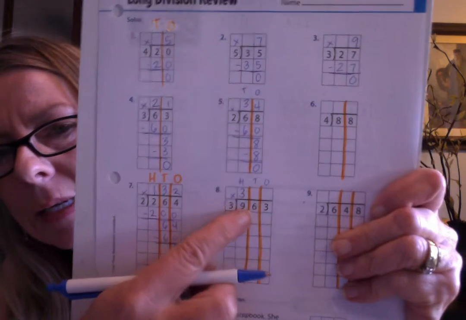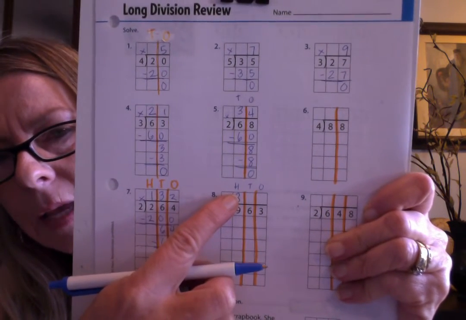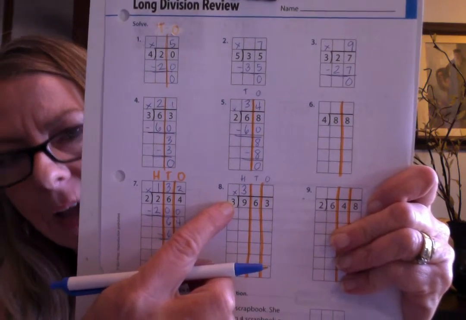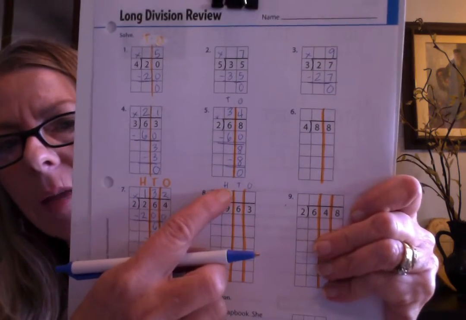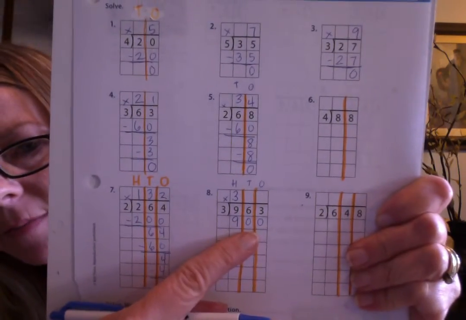So we put our 3 for our answer. That means 9 hundreds divided by 3 equals 3. Now, Mom multiplies 3 times 3 is 9. Okay, but since we're talking about hundreds, what is the number for 9 hundreds? You would write it like that, 900, right?